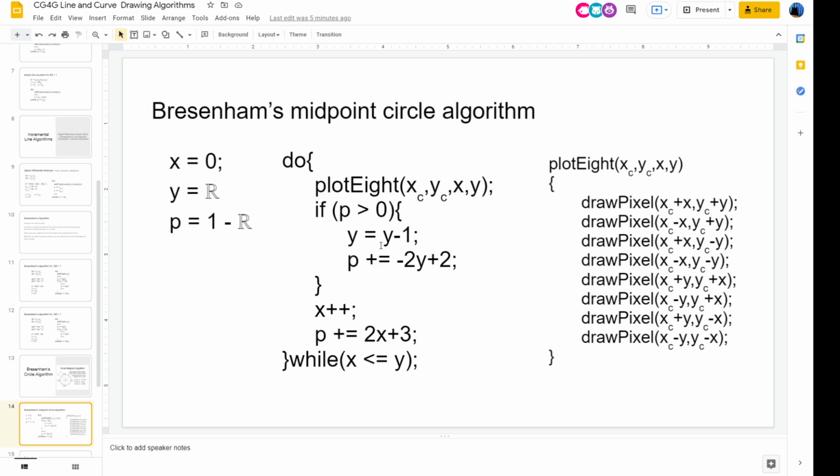Once you have the basic algorithm, you can always decide to optimize a little bit. My style is to sort of optimize out. If you look in certain textbooks, it'll have if p is greater than 0, and then if p is less than or equal to 0, have a whole separate case for that.